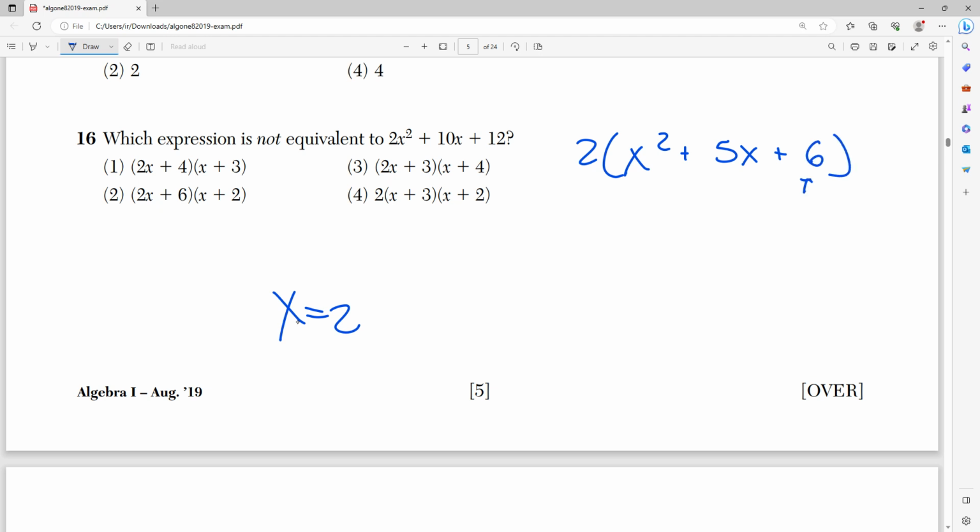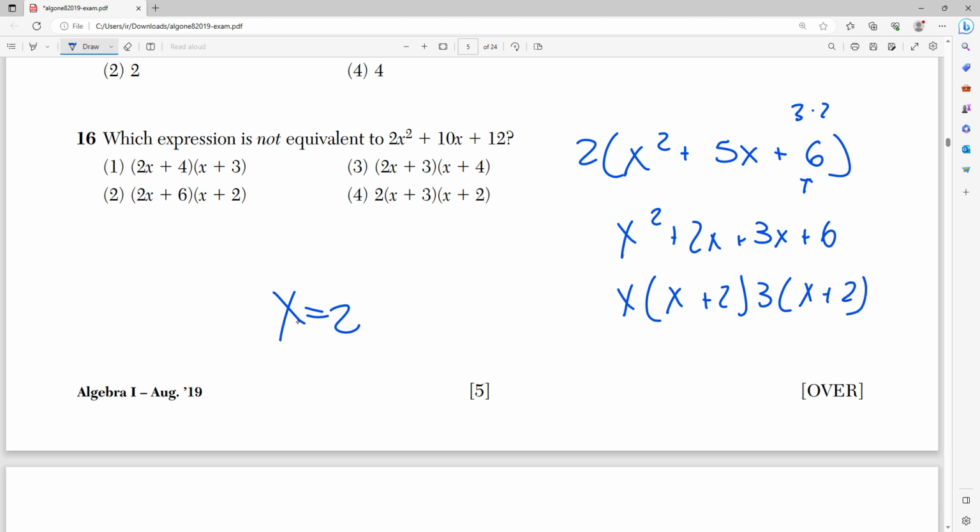So now 6 is equal to 3 times 2, so we have 2 times x plus 2 times x plus 3. So automatically that's wrong, because this is equal to that, right?